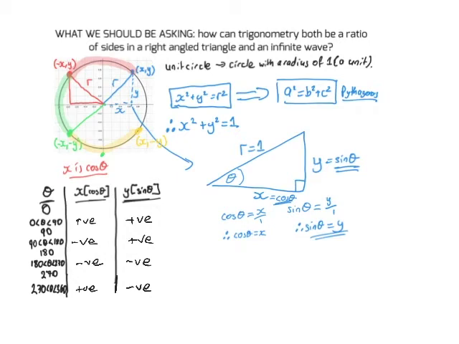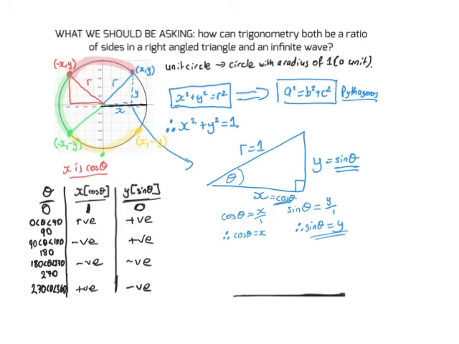We then have some specific values labelled 0, 90, 180 and 270. Well, if we think of an angle of 0, I will have essentially a perfectly horizontal line. When I draw a perfectly horizontal line on this, my x-coordinate will therefore be 1, because that is the radius of the circle, and because there is therefore no height, my y is 0.